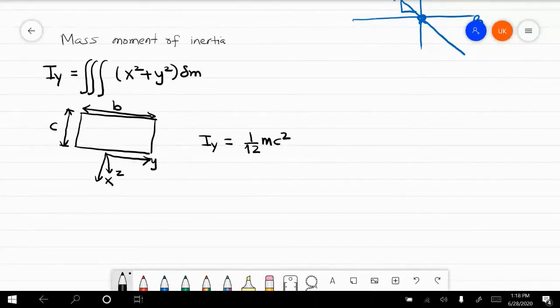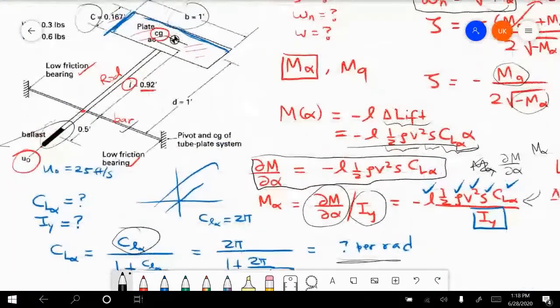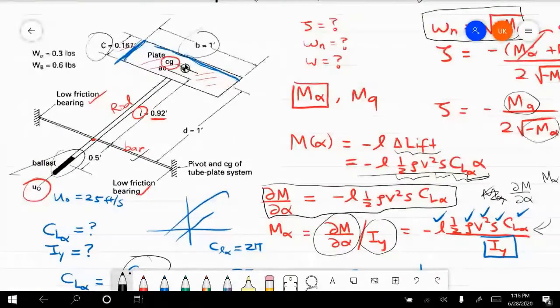Now the mass of the plate and the value of c are both given to us, so this can be calculated. Just to review, the value of c is 0.167 feet, and the mass of the plate is also given. So you can convert this 0.3 pounds to slugs, and the c is already in feet, so you don't need to convert.